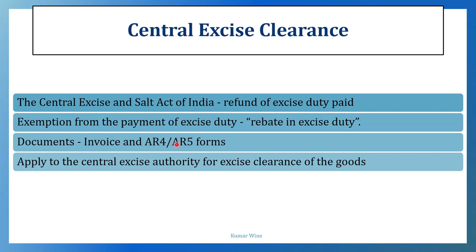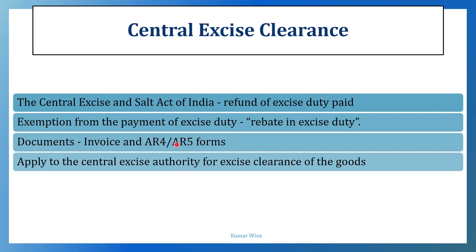Sometimes the exporter might have a desire to prevent examination of goods by the customs authorities. In that case, there is a provision that the central excise officers will examine the goods, seal the goods, and it can be shipped without examination by the customs authorities.